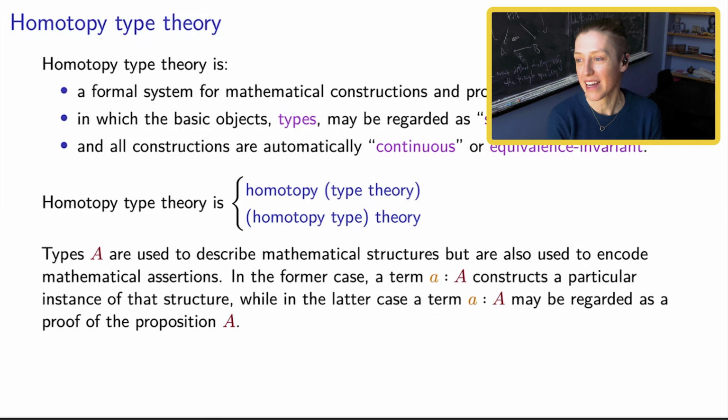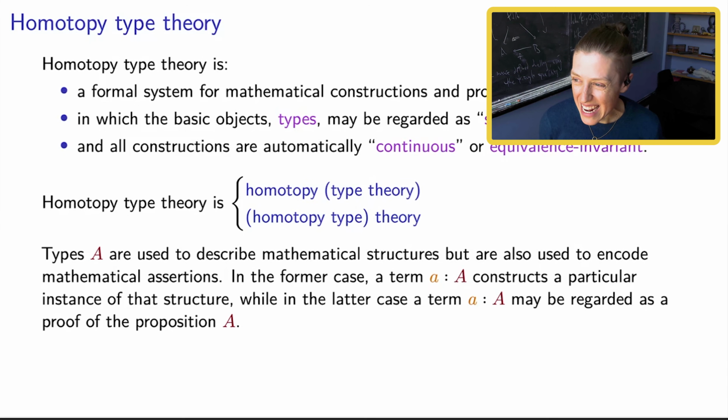Type theory takes some getting used to. If you're coming with a computer science background, then you might be used to this already, and that's great. If you're coming from a mathematics background, this is going to be a little bit weird. So a type, and going forward, everything written in red will be a type, is used to describe a mathematical structure, but it's also used to encode a mathematical assertion.